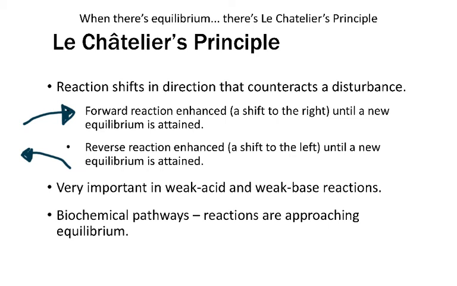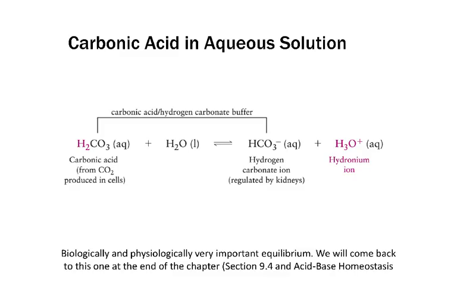And this gets us back to our beginning example, where we had carbonic acid and a biochemical pathway. So if we go back here now, remember carbonic acid, we've seen a couple of times.